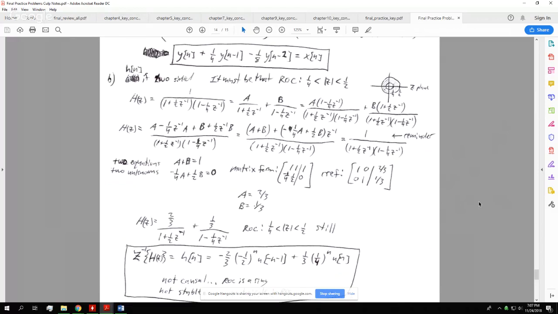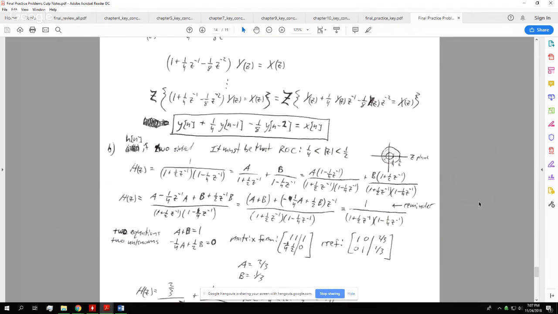Why do I have a negative there? So negative and positives don't mean anything when you're in a polar form, because this pole at positive half is also equal to the same pole at negative half. Same with the positive quarter and a negative quarter.